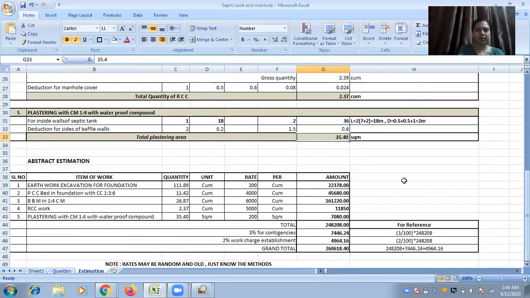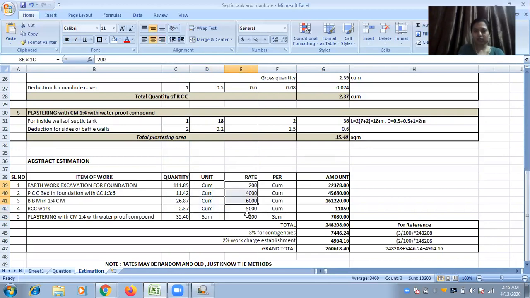And another important thing is abstract estimation. This table, calculation, contingencies, work charge establishment, everything is similar to estimation of building. Whatever they have given in the question, you have to write it correctly here, and the corresponding quantities which you got from the detailed estimation with respective units.